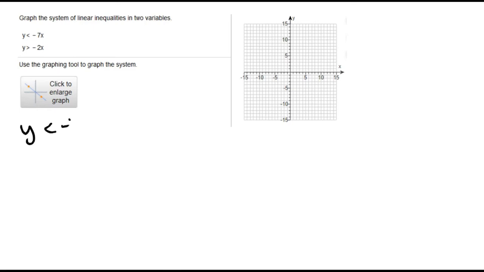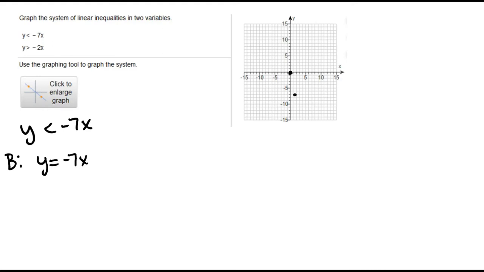y is less than negative 7x. First we graph the boundary, which is y equals negative 7x. We have a y-intercept at 0 and a slope of negative 7. So we go down 7 and over 1.